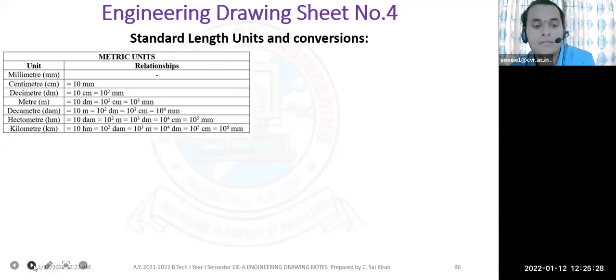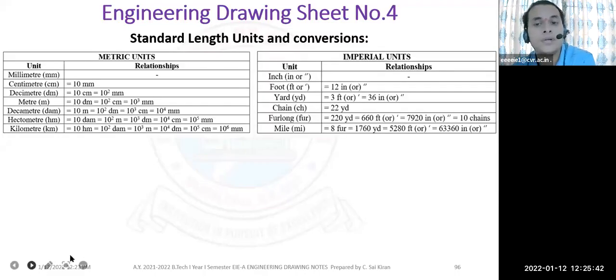So apart from metric units, generally Americans use metric units and Indians follow Americans. So in India also we use metric units, but there are few European countries which don't follow metric units. They follow their own units such as inches, foot, yard, chain, furlong, mile. So for example, inches.